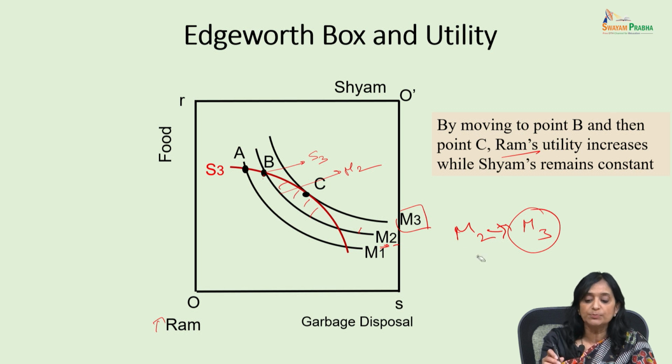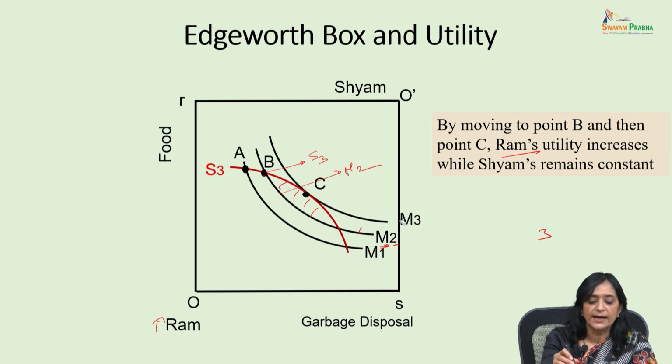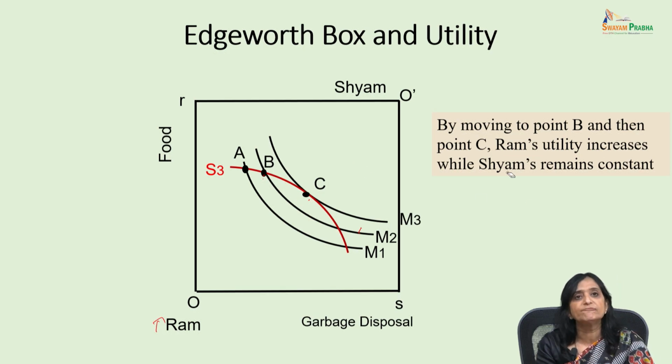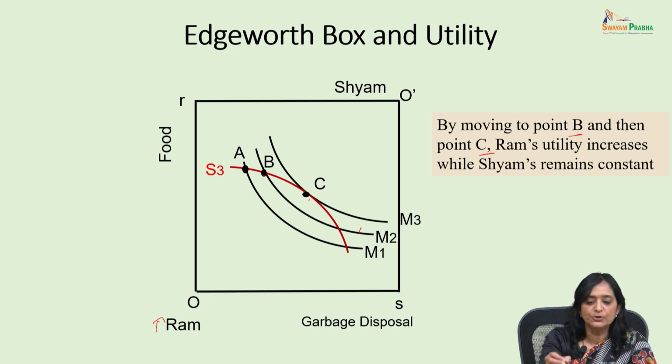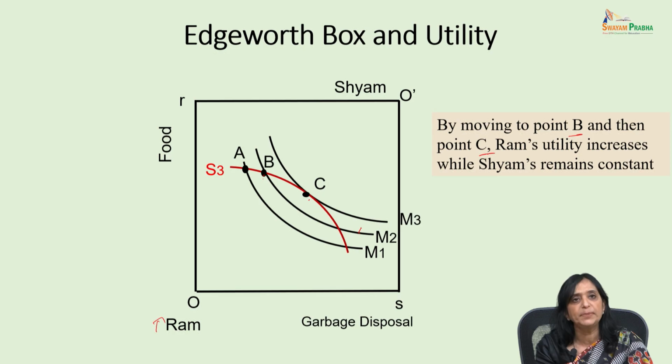So, the Edgeworth box helps us to understand that if I am able to make any one person better off without making someone worse off, as we have done here, by moving from point B to point C, we have made someone better off without making someone worse off.